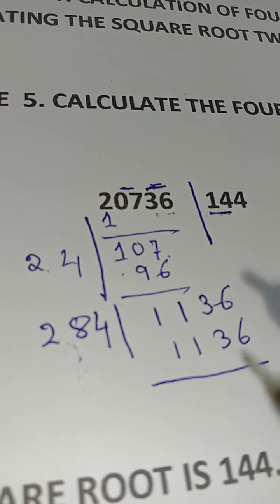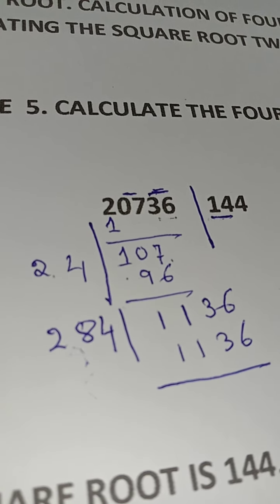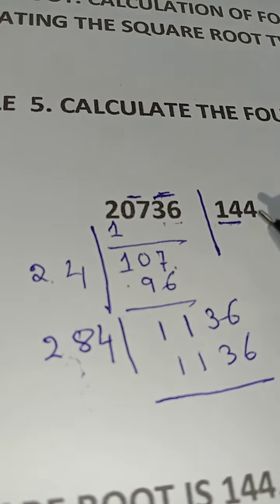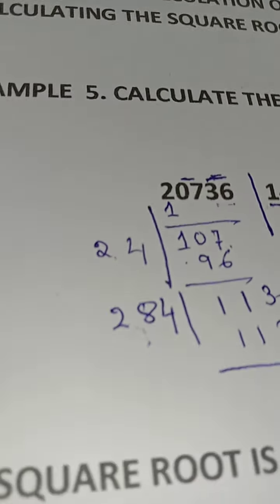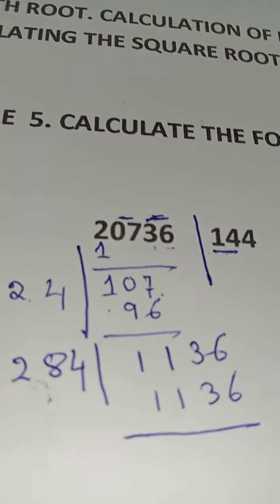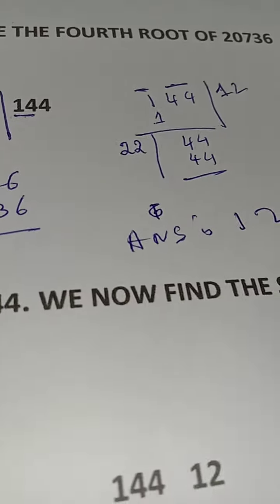So now we put the 4 here. So 20736 is the square of 144. So to get the fourth root, we must find the square root of 144.